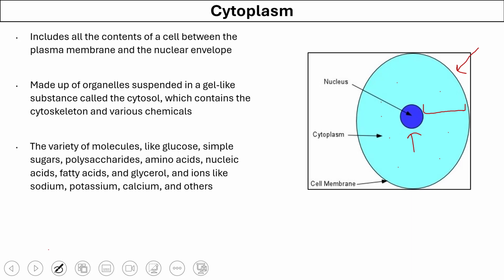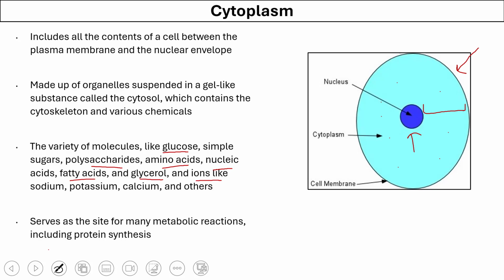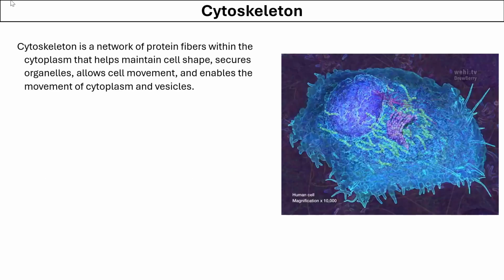Its composition includes several biomolecules like glucose, polysaccharides, amino acids, nucleic acid, fatty acids, glycerol, and ions. Cytoplasm is the site of various metabolic activities including protein synthesis.